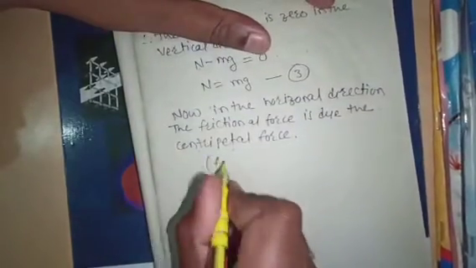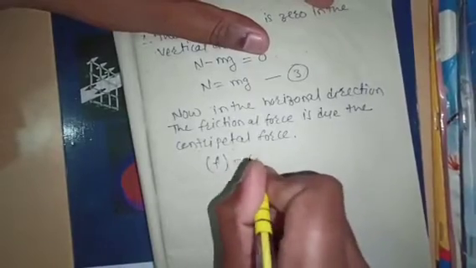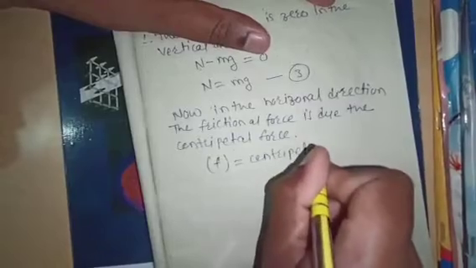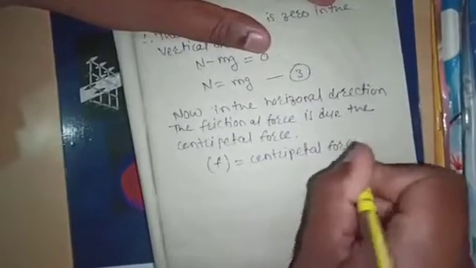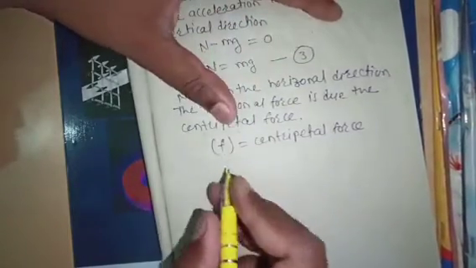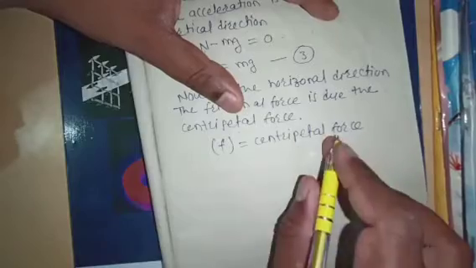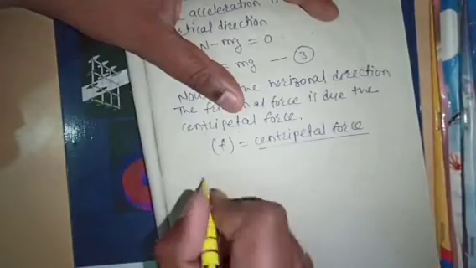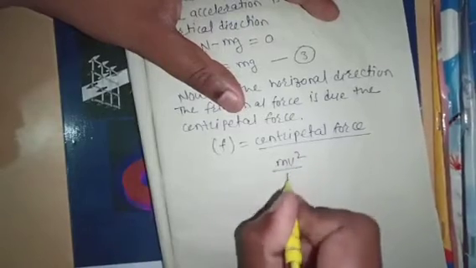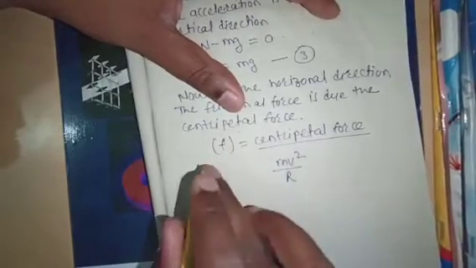Then what is the centripetal force? It is mv square by r.